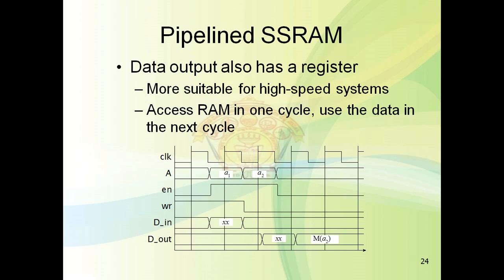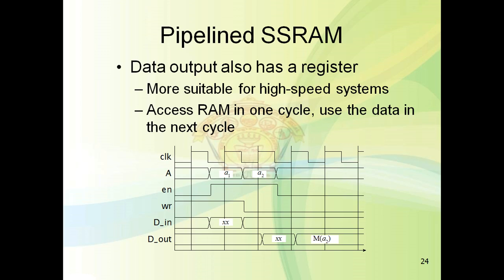Either in a read or a write operation: in a write operation, in the flow through SRAM the data is moved directly, but in the case of the pipeline SRAM it is moved in the next clock cycle, for either read or write operation. It will be output in the next clock cycle.